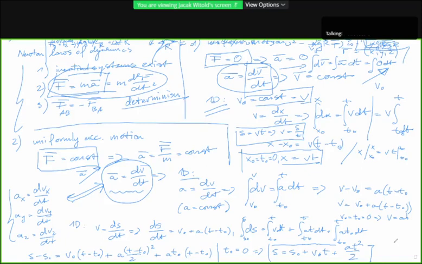But when you have acceleration, you do not have velocity. You need to revert the derivation, and the reverse of derivation is integration. So you need to slightly integrate here. Okay, so this is done.